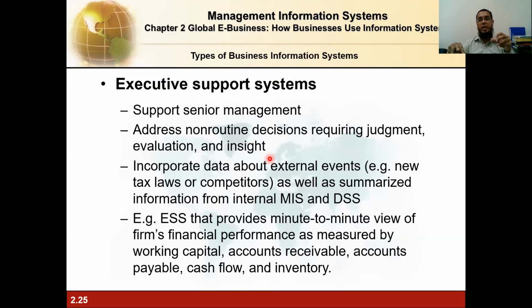For example, COVID came and the markets of the whole world crashed. Based on this, how would the companies respond and what would be the future direction? The ESS, executive support system, will help executives take this kind of decision, incorporating data about external events, new tax laws, and competitors, as well as summarizing information from internal MIS and decision support systems. ESS provides a minute-to-minute view of the firm's financial performance as measured by working capital, accounts receivable, accounts payable, cash flows, and inventory overall.